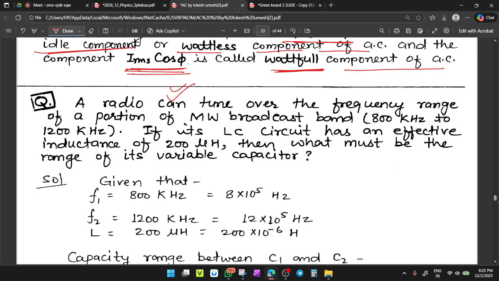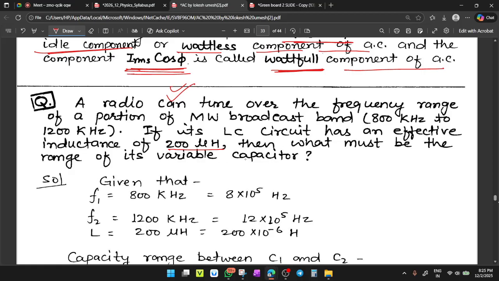A radio can tune over a frequency range, a portion of the medium wave broadcast band, 800 kilohertz to 1200 kilohertz. If its LC circuit has an effective inductance of 200 microhenry, then what must be the range of its variable capacitor?